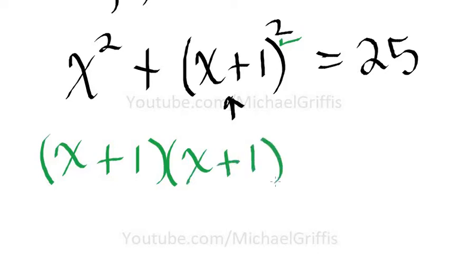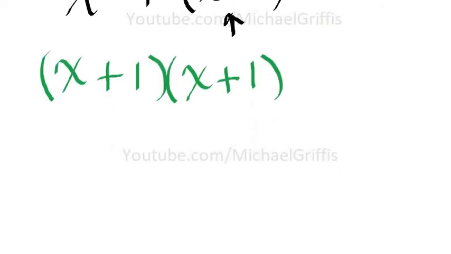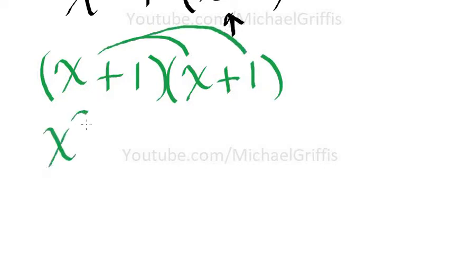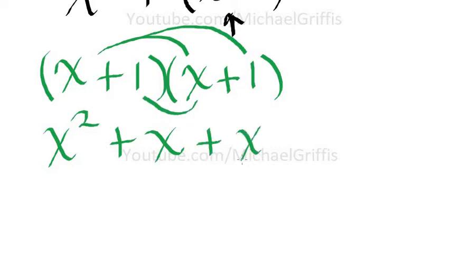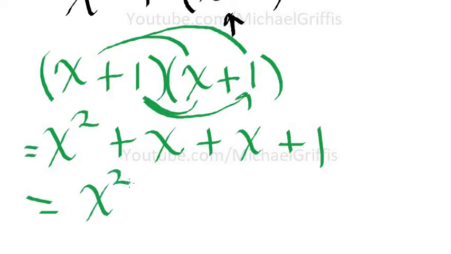Now we multiply: x times x is x squared, x times 1 is x, 1 times x is x, and 1 times 1 is 1. So that simplifies down to x squared plus 2x plus 1.